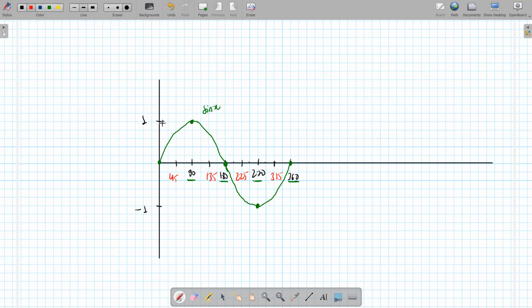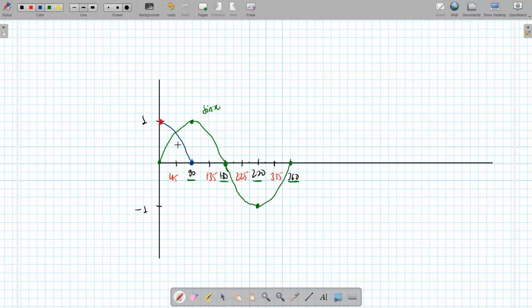Cosine of x starts over here at 0, 1. It starts at its maximum value. Just like the sine, every 90 degrees, it's going to go up or down. We're already at a maximum, so it would not make any sense for us to go up from here. So we must come down. So it's going to look like this at 90. From here, do we go up or down? Up.